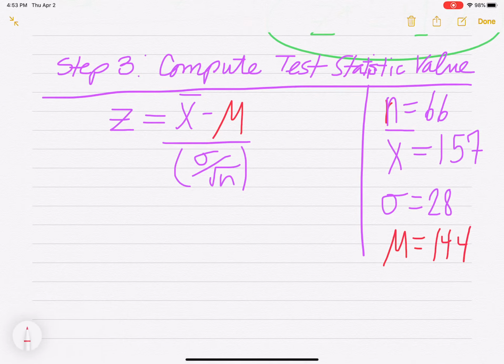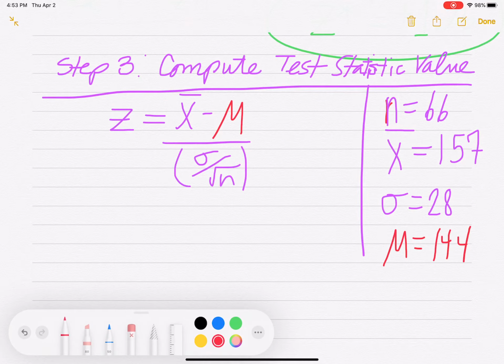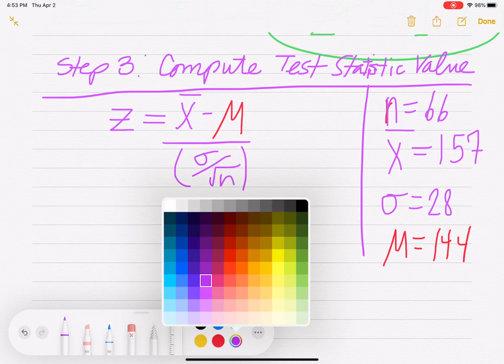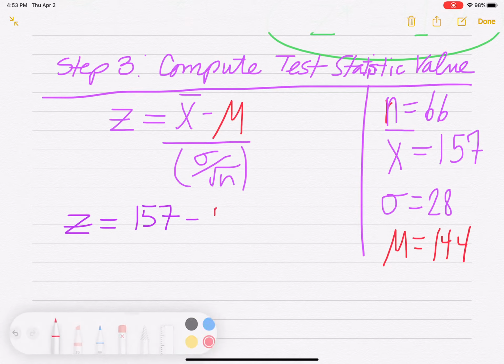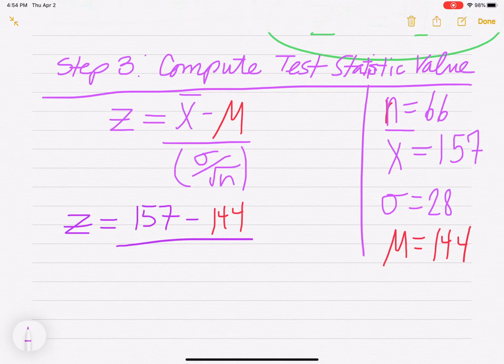All right, now we're going to plug all this in to get our test statistic value. We're going to have 157 minus 144 divided by 28 divided by square root of 66.